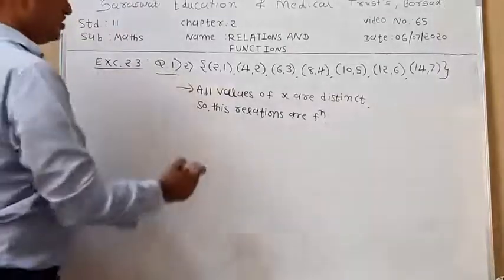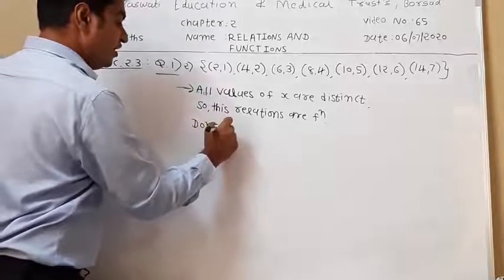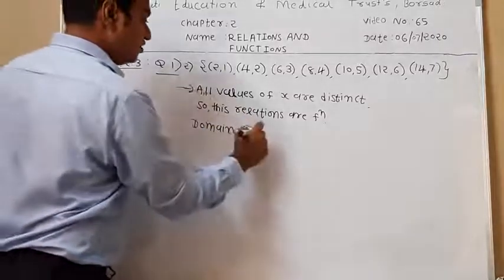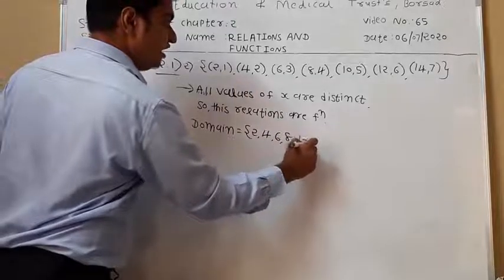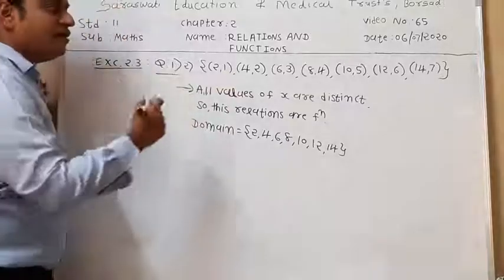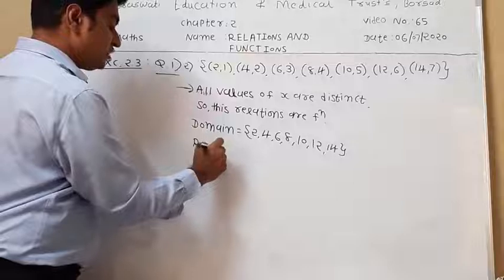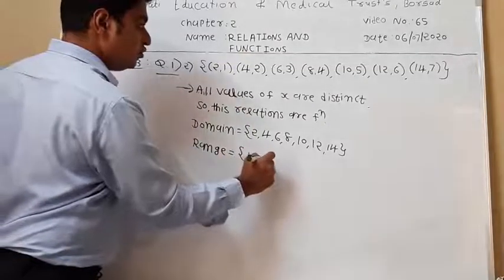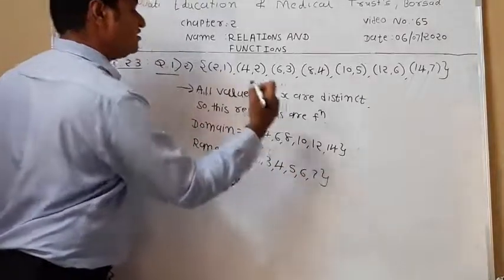Now our next question: find the domain and range. So here the domain is equal to the set of 2, 4, 6, 8, 10, 12 and 14, and in the position of range we write 1, 2, 3, 4, 5, 6 and 7.